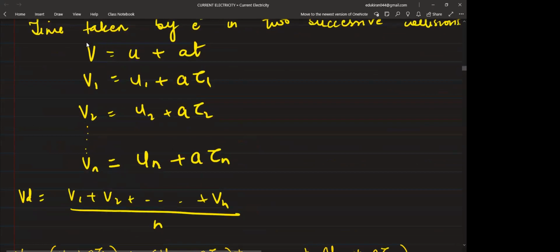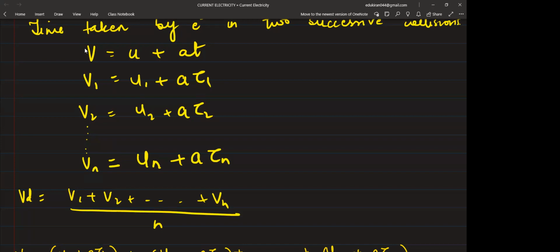What's the final velocity? We use the uniformly accelerated equation, V is equal to U plus AT. So first one will be V1 is equal to U1 plus A tau 1. V2 is equal to U2 plus A tau 2.